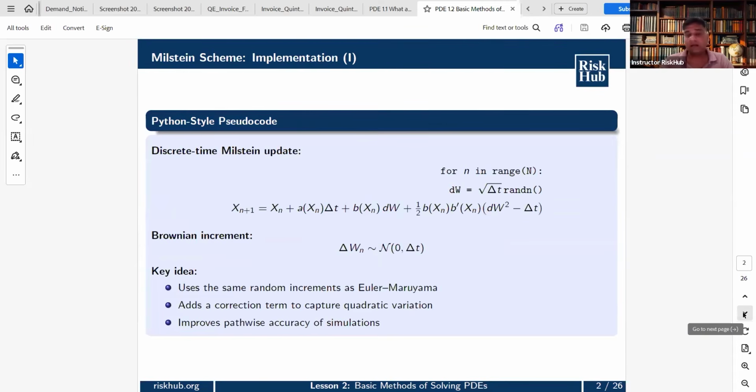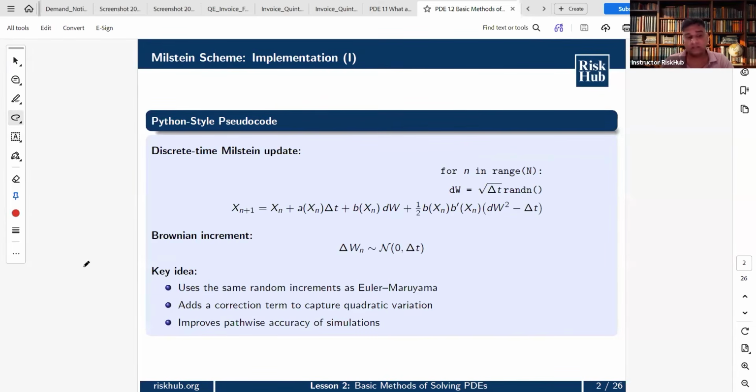Then we look at the next slide, which is Milstein scheme, implementation 1. The slide gives the Milstein discretization for simulating a stochastic differential equation. The equation is given in front of you. Look at this equation closely. What is this equation telling us?